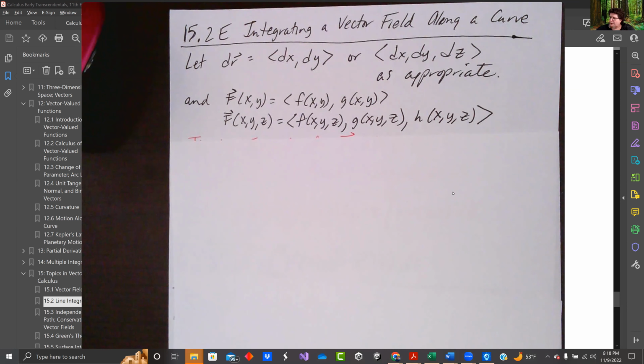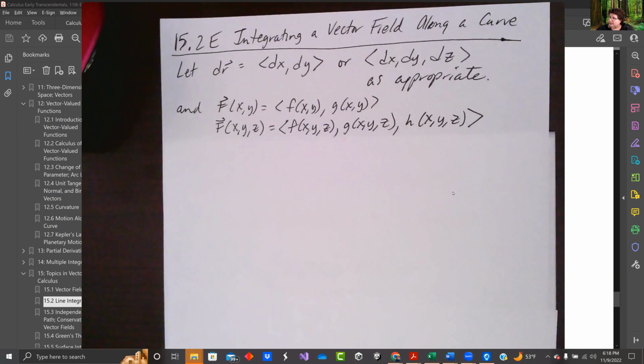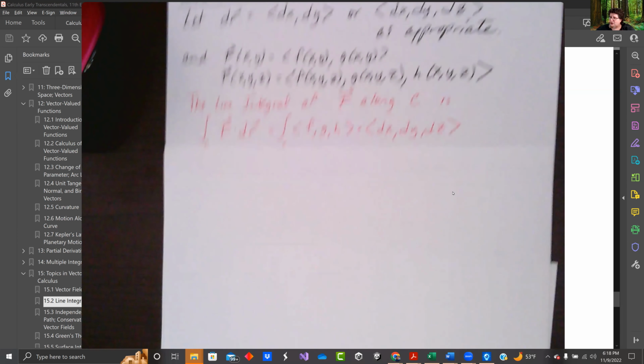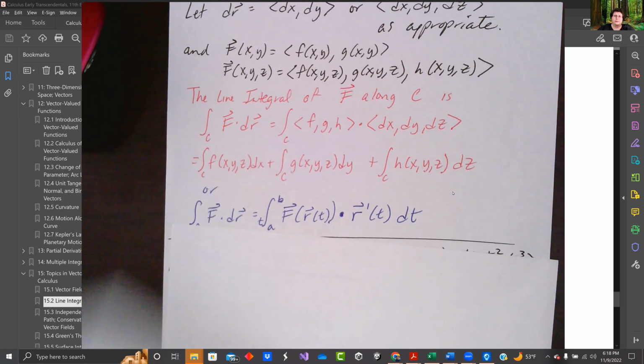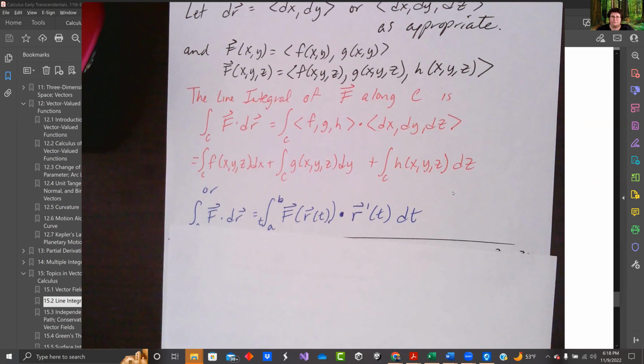One way of getting that is a dot product. If we dot f and dr, we get those things. So f dotted with dr, f g h dotted with dx, dy, dz, we get what we were just talking about: the integrals with respect to each variable. And we're integrating over a vector field now.